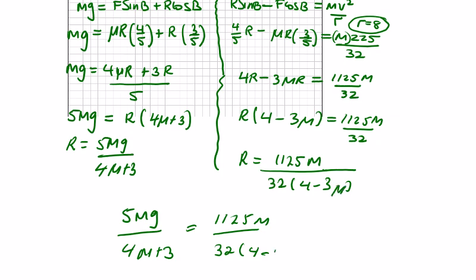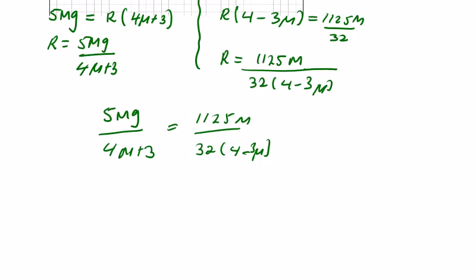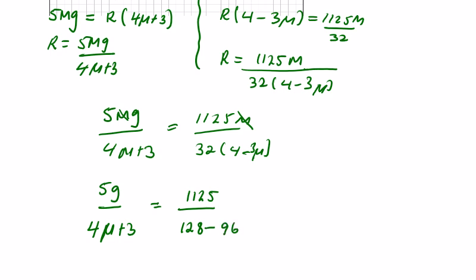My mu is changing to m. 3 mu. Let me see. Divide by m. Cross multiply by 32. That helped me. Might as well just multiply it out. Actually, 5g and tidy it up over 4 mu plus 3 equals 1125 over 128 minus 96 mu.